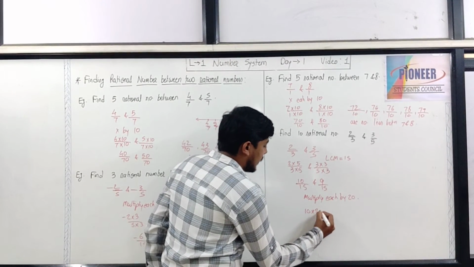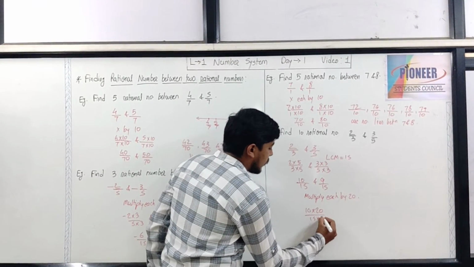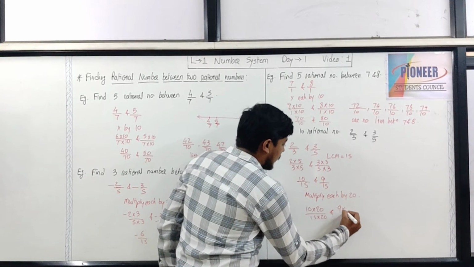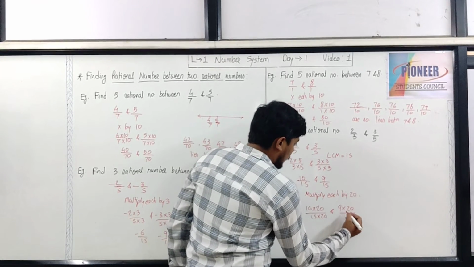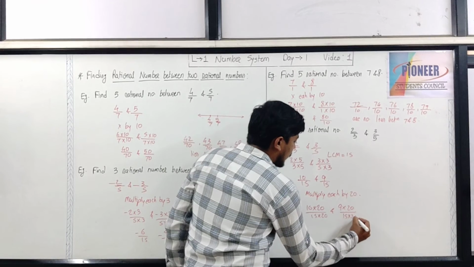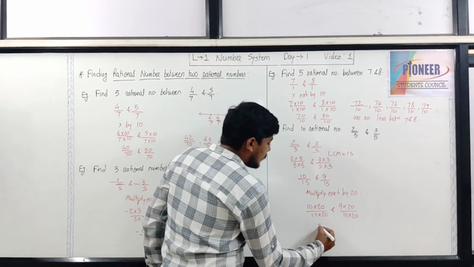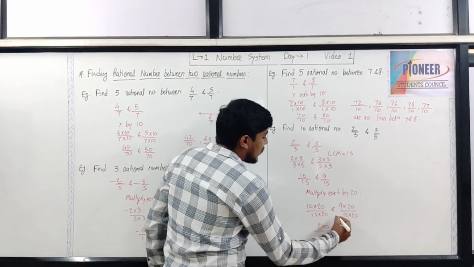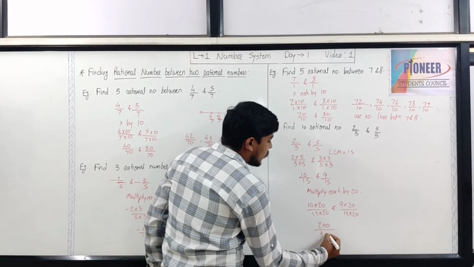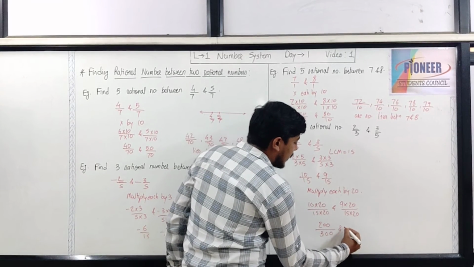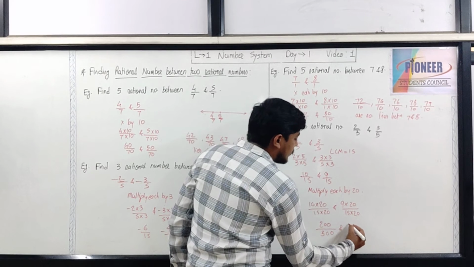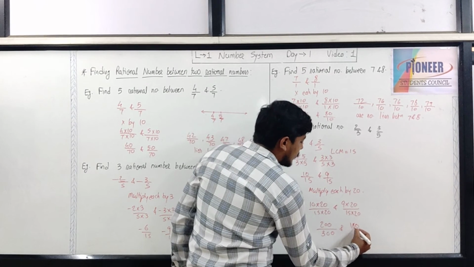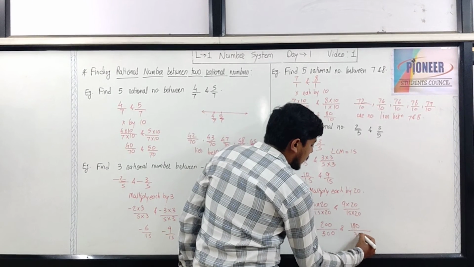So 10 into 20 upon 15 into 20 and 9 into 20 upon 15 into 20. So it will be 200 upon 300, and 9 twenties are 180 upon 300.